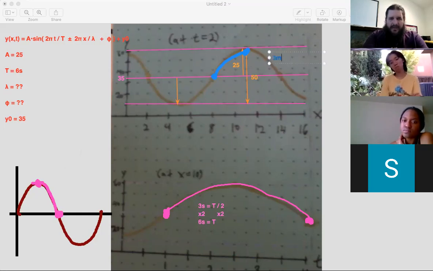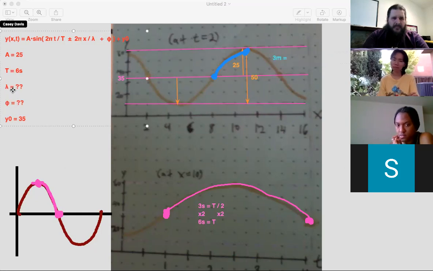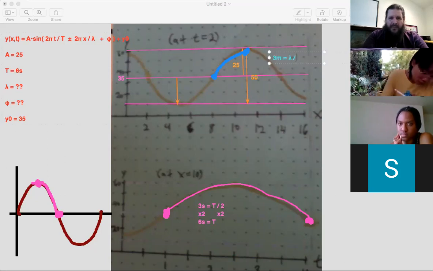And we can say 3 meters is, what fraction of a full wavelength is that? A quarter. Yeah, that looks like exactly 1/4 of a wavelength. So wavelength over 4. And then how would you solve that for wavelength? Multiply by 4. Multiply by 4 and we get 12 meters.